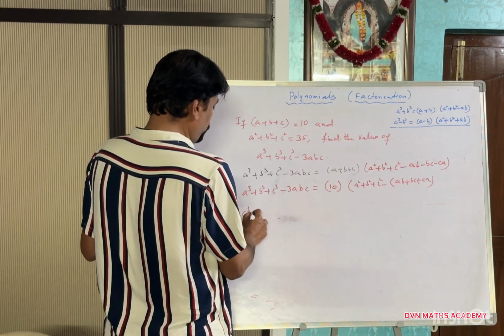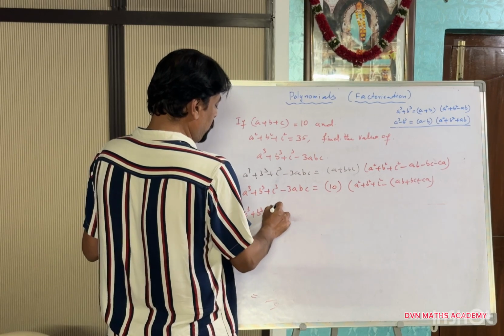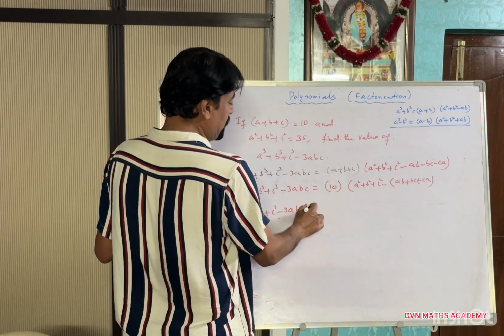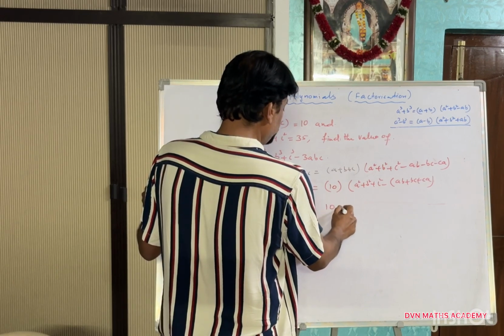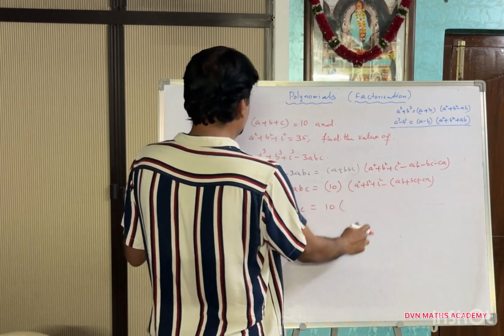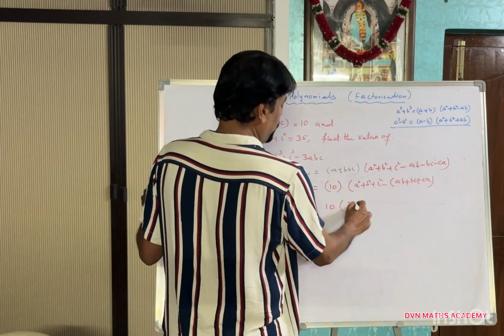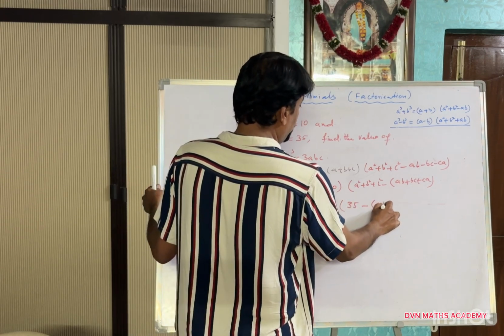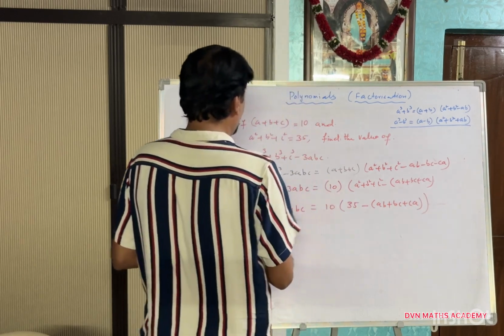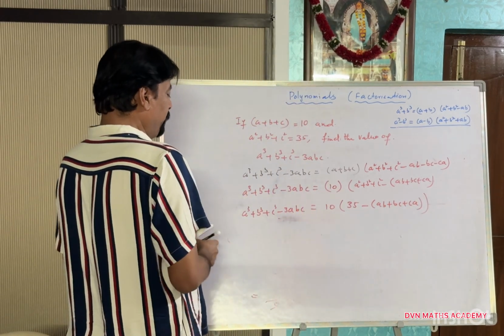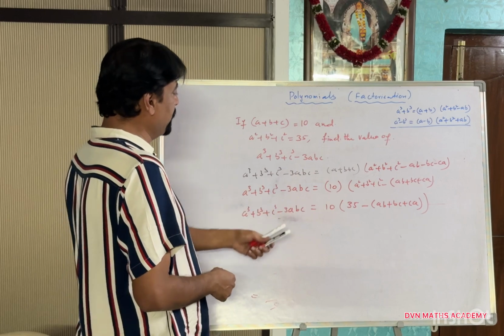Now A cube plus B cube plus C cube minus 3ABC is equal to 10 into A square plus B square plus C square, which is 35, minus AB plus BC plus CA. This is the value of A cube plus B cube plus C cube minus 3ABC.